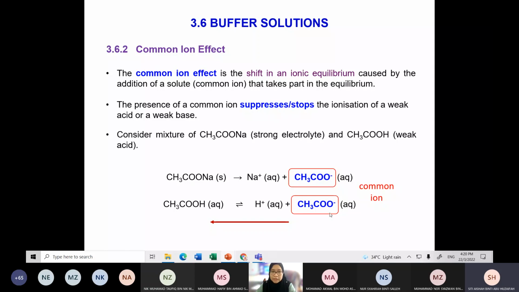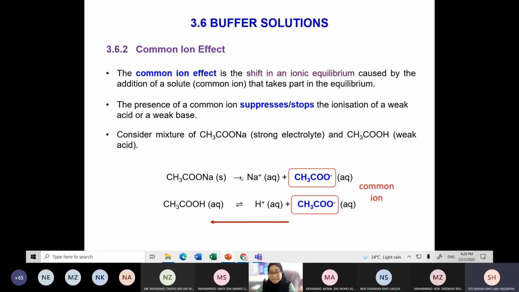You are placing in the same ion as what we have in the buffer system. So this is the common ion. You add in CH3COONa. You know that this will dissociate into Na+ and CH3COO minus.